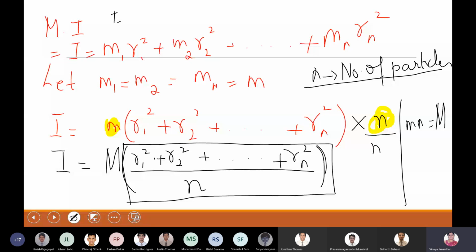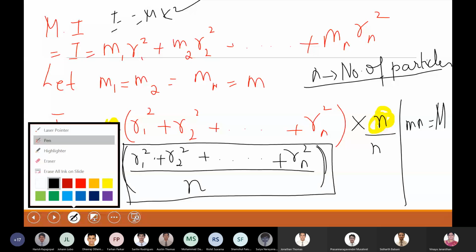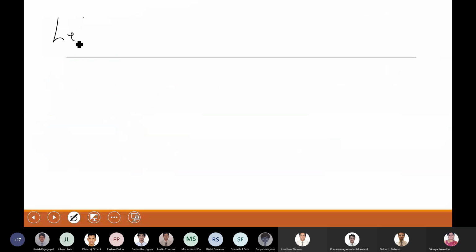So I is equal to mass into k squared. Now we'll see what the value of k is. Boys, this is all assumptions. So let k squared be equal to r1 squared plus r2 squared, etc., up till rn squared by n.